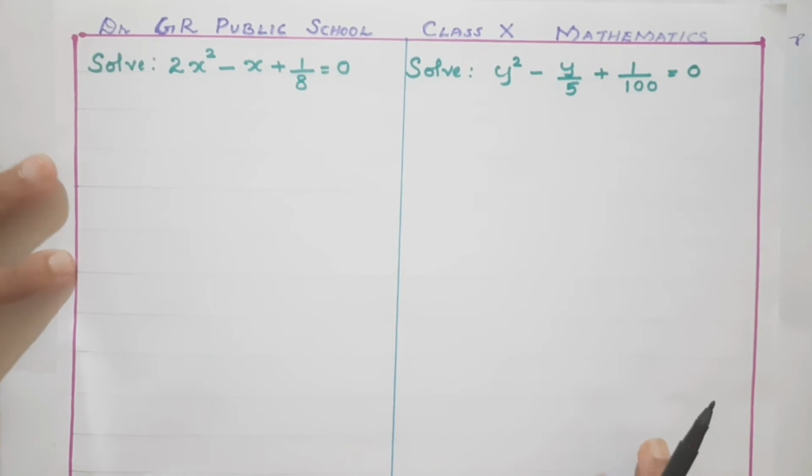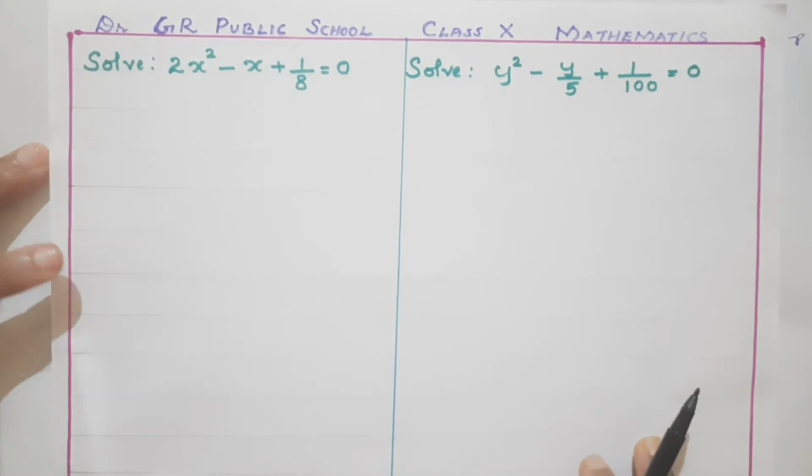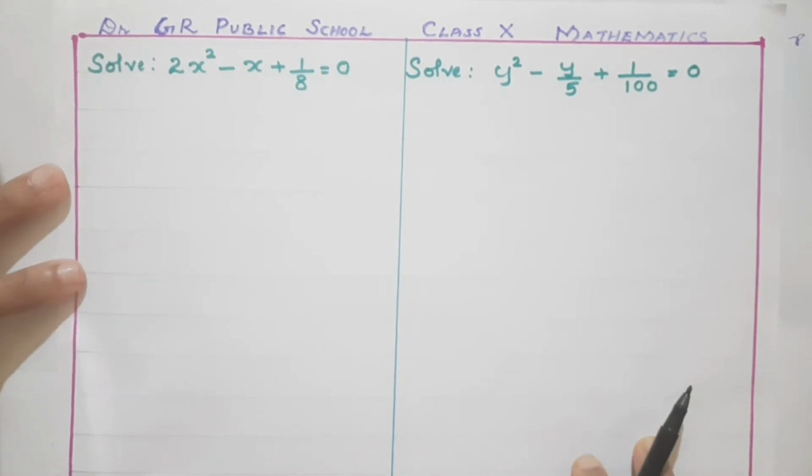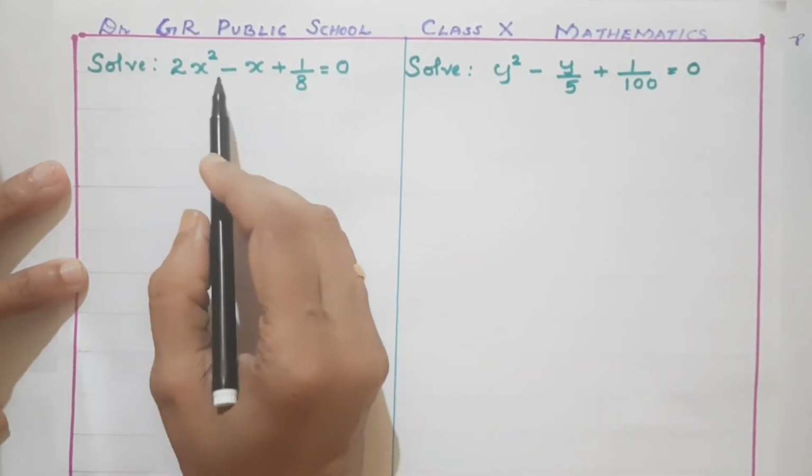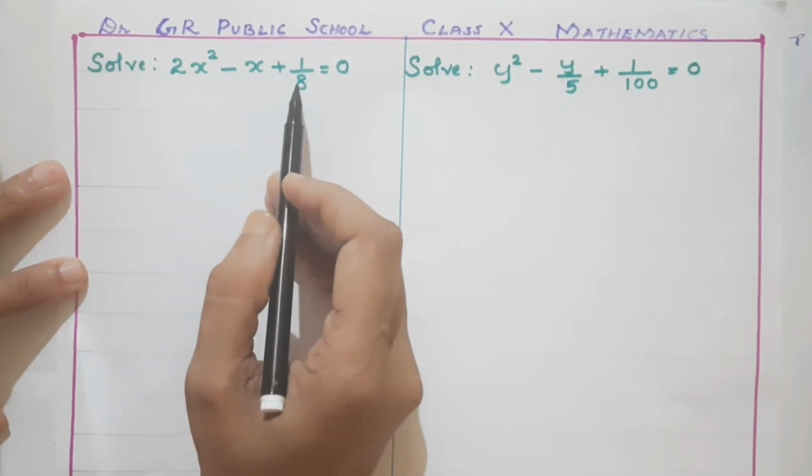When we discussed the last chapter, pair of linear equations, there we explained how to avoid the rational form from an equation. The same process we can apply here to get a simple equation, then you can solve. Okay children, let's see what that method is.